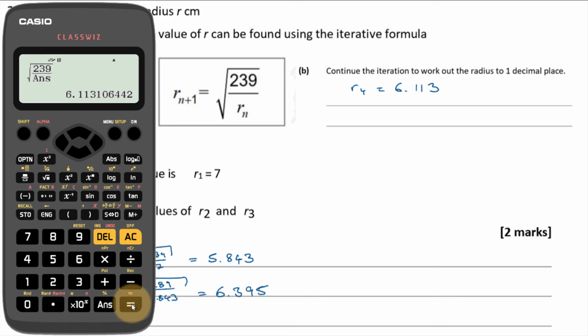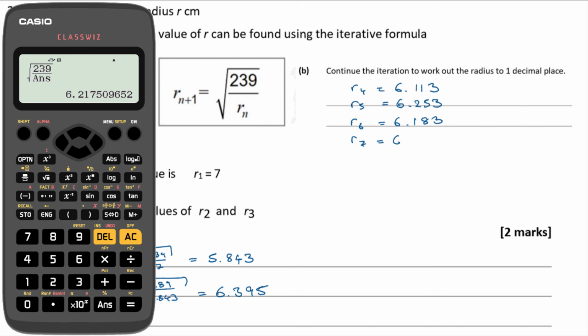So then the next one, R5 is equal to 6.253, and then R6 equals 6.183. Still jumping around a little bit, so we wait until it settles down.